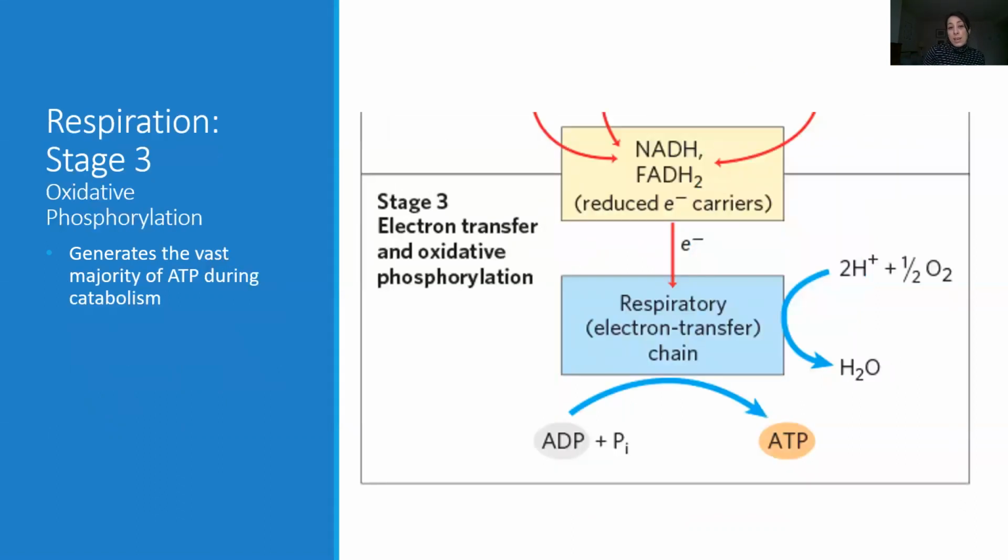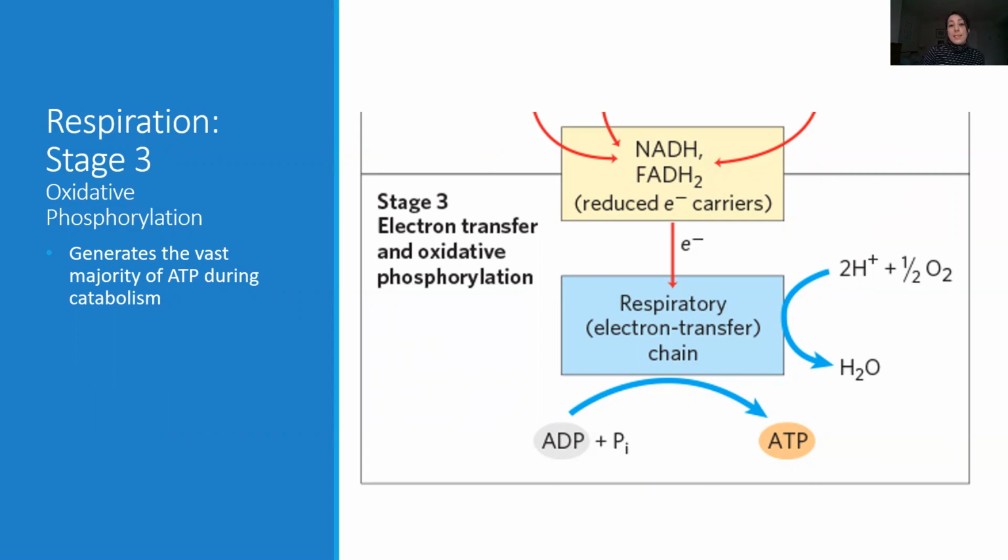All of the electron-carrying molecules that we've generated throughout the process of respiration, and even through other processes like glycolysis itself, are then going to be shuttled into respiration stage 3, which is called oxidative phosphorylation.